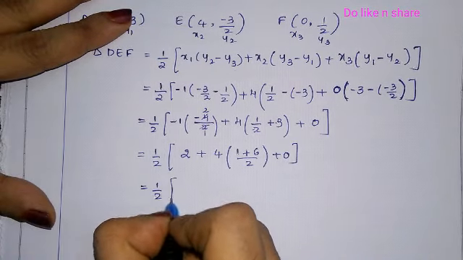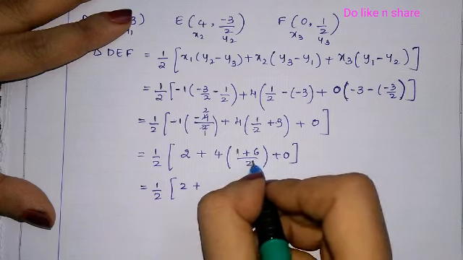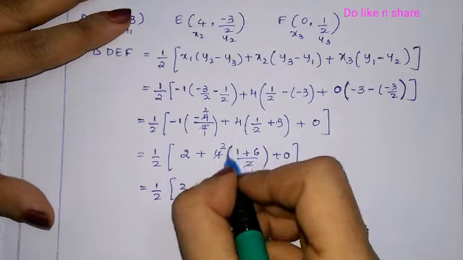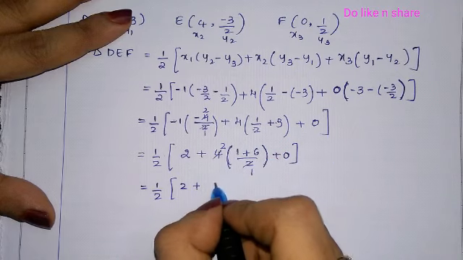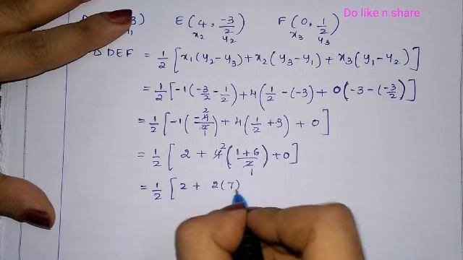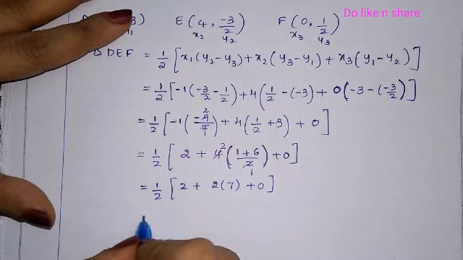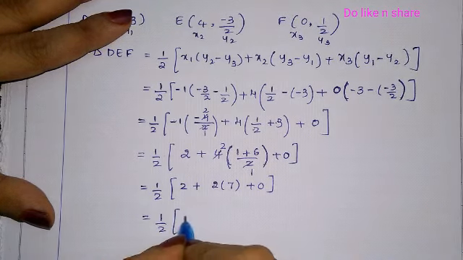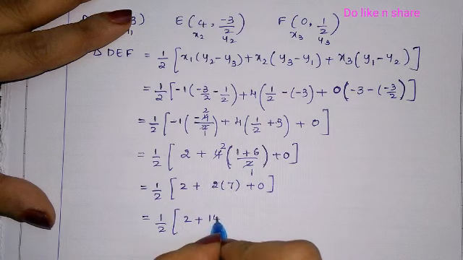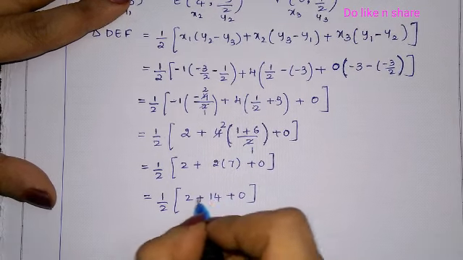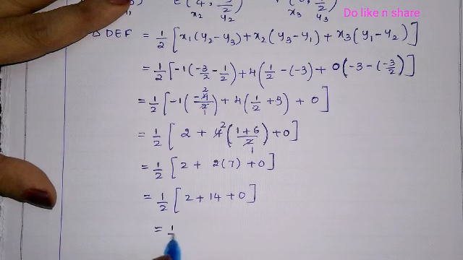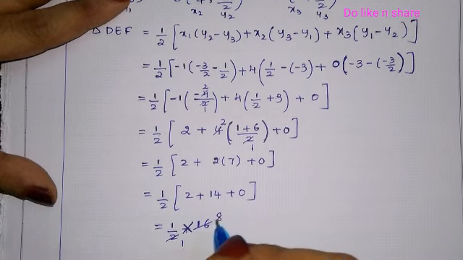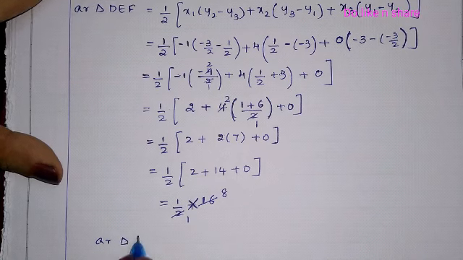Now half, 2 plus 4, we can cancel 2 outside, 6 plus 1 is 7 plus 0. Now half, 2 plus 7 twos are 14 plus 0 as it is. 14 plus 2 is 16, into 16. 2 ones are 2, 2 eights are 16. Area of triangle DEF, what did we get?